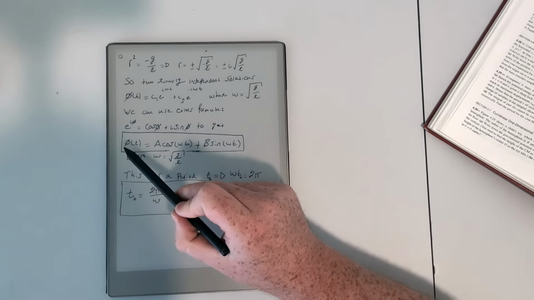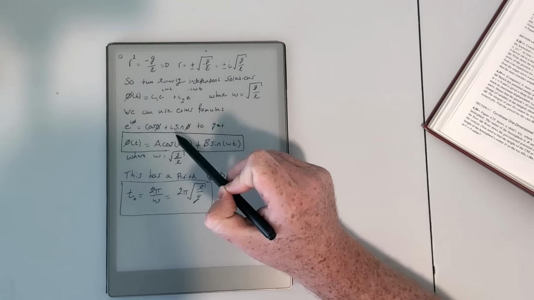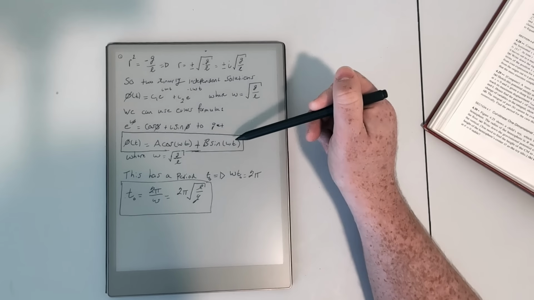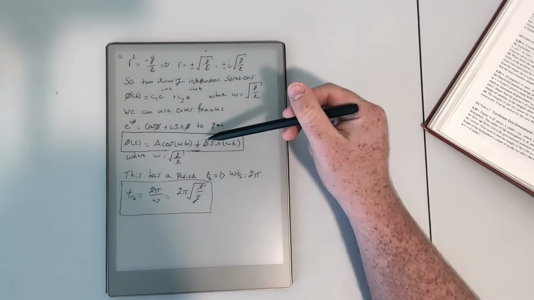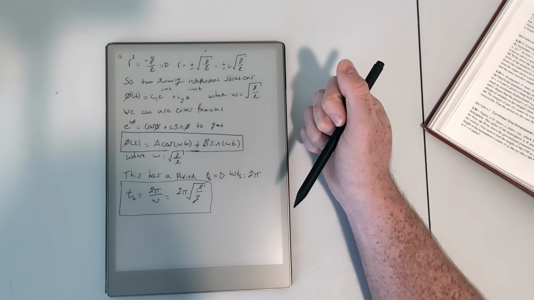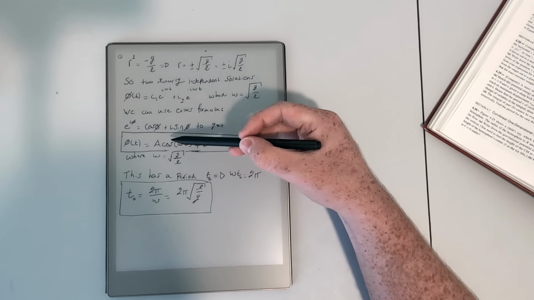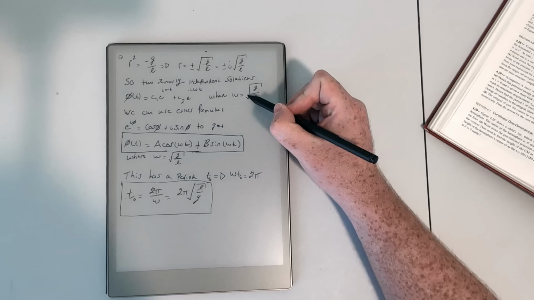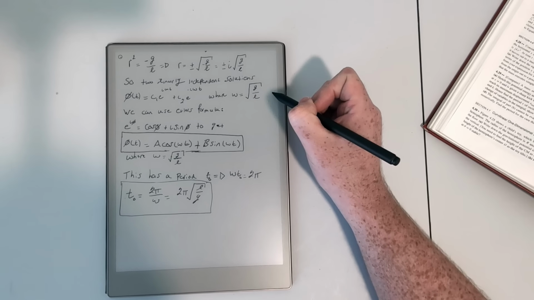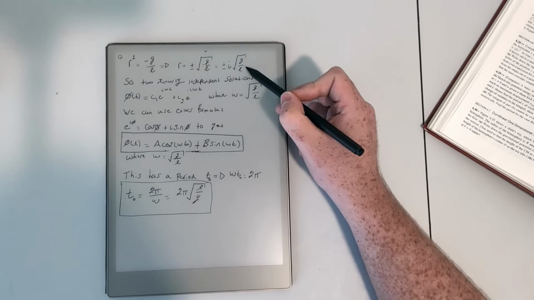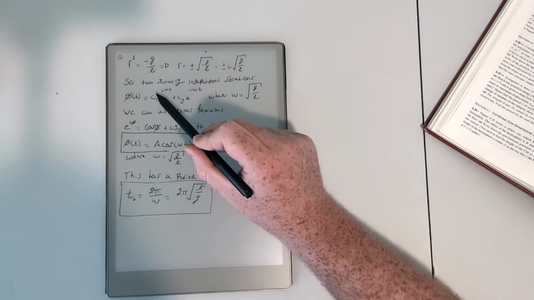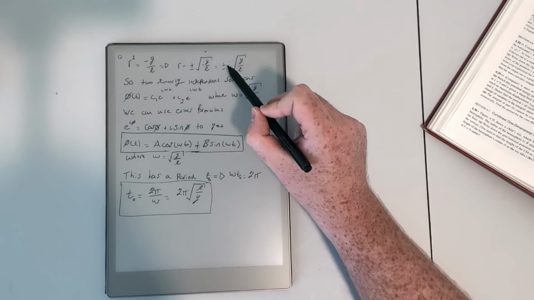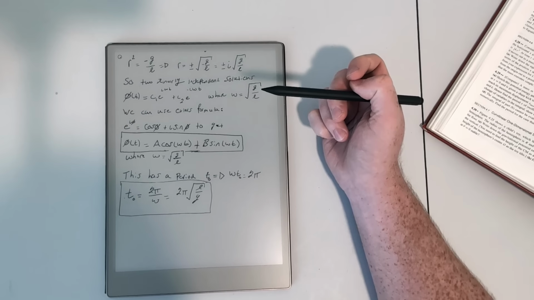And what you end up getting is that phi of t is equal to a times cosine omega t plus b times sine omega t, where a and b are constants. And omega, again, is just the square root of G over L, which we got from up here. So we used omega so we don't have to write this out every time.